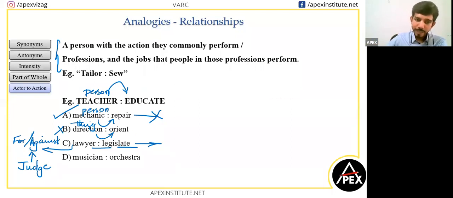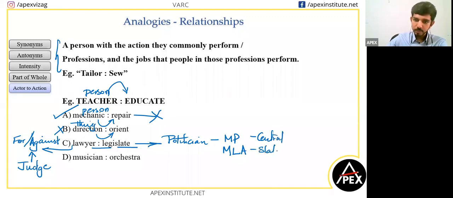Okay. But legislation is done by elected officials. Here we call them politicians. So politicians who are elected and become members of parliament, or they become members of legislative assembly. This is at the central level. This is at the state level.